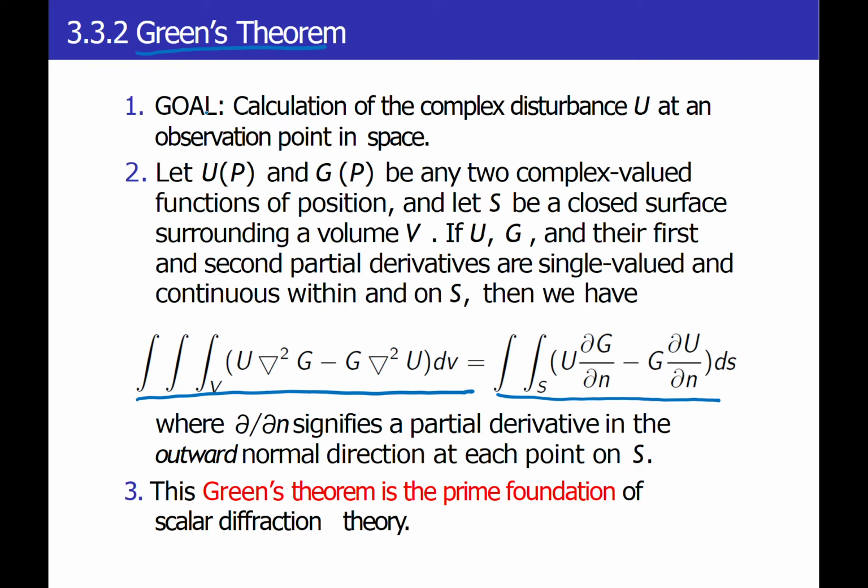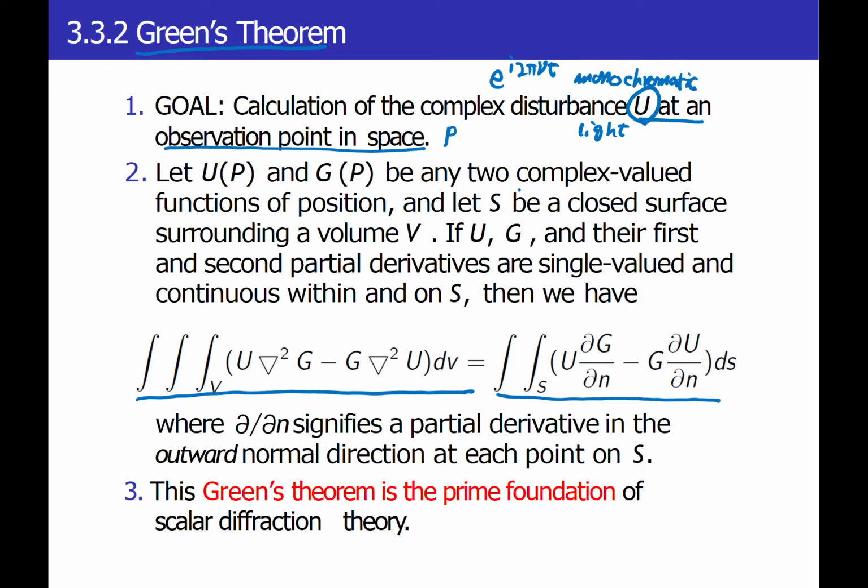What we want to know is the complex disturbance u at an observation point in space, observation point P. So we want to find the scalar field component u and its amplitude term. I have already taken out the e to the i 2 pi nu t term, assuming monochromatic radiation, and the only thing left over is the amplitude term.